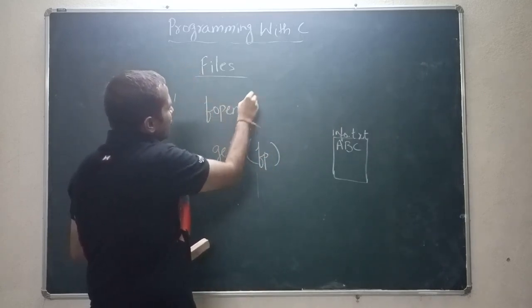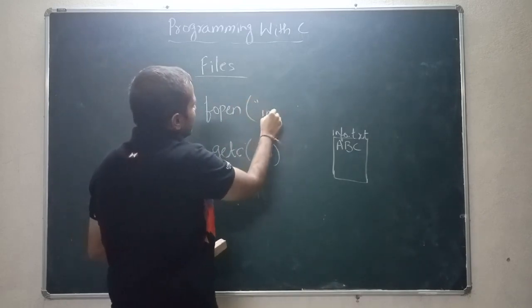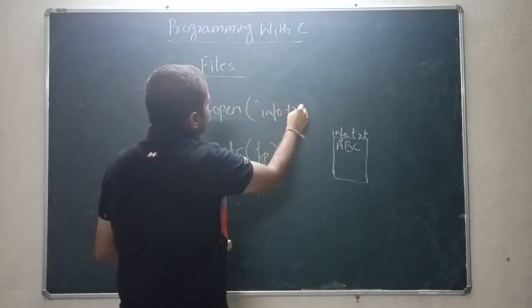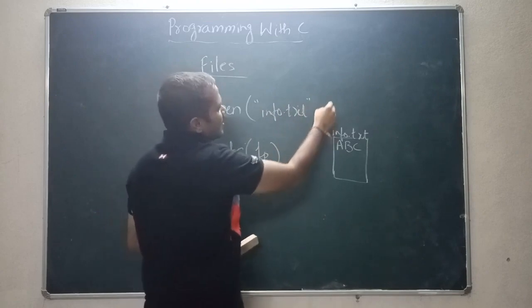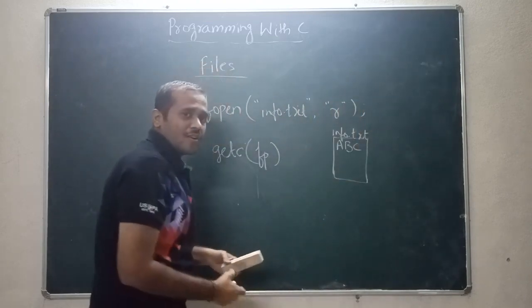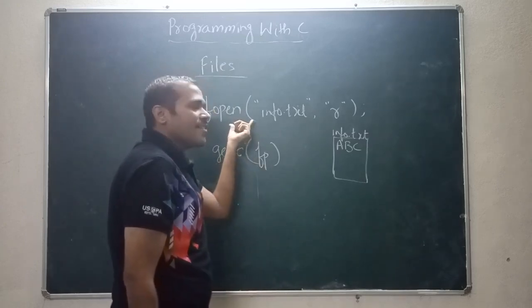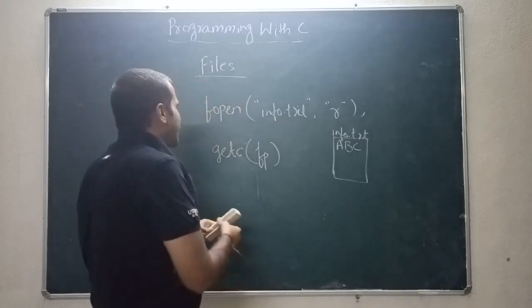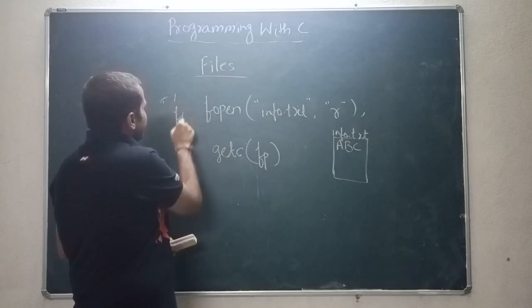previously we need to open the file info.txt, comma, I will open it in read mode and let me assign this fopen function to the file pointer, that is fp.